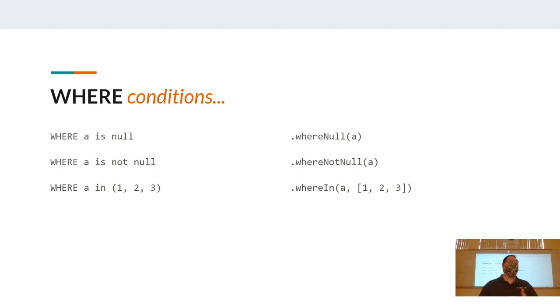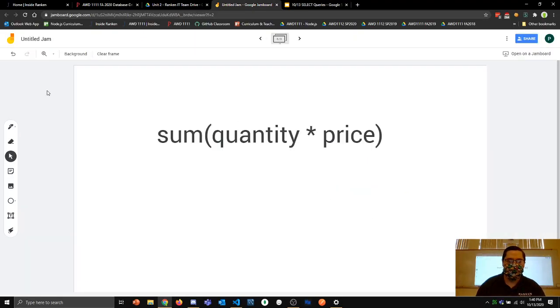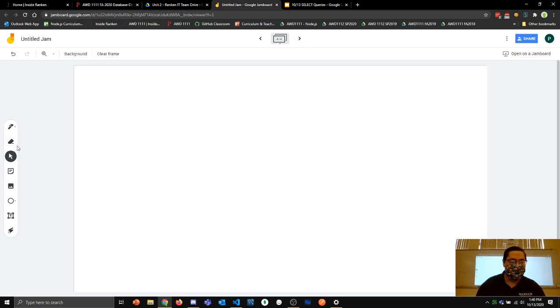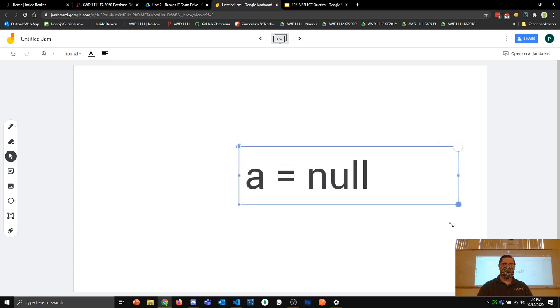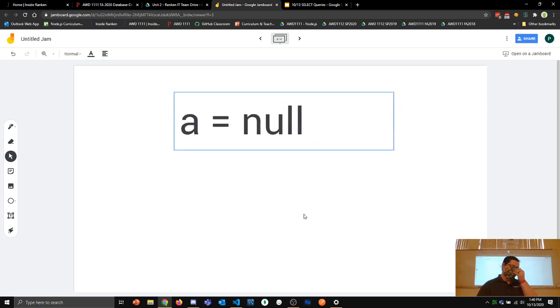If you want to compare things with null, it's worth noting in SQL that is a special comparison. If I go into SQL and I write A is equal to null, this will never produce any rows, ever. This never works in SQL because this always comes up false. Even if A is null, this is false.